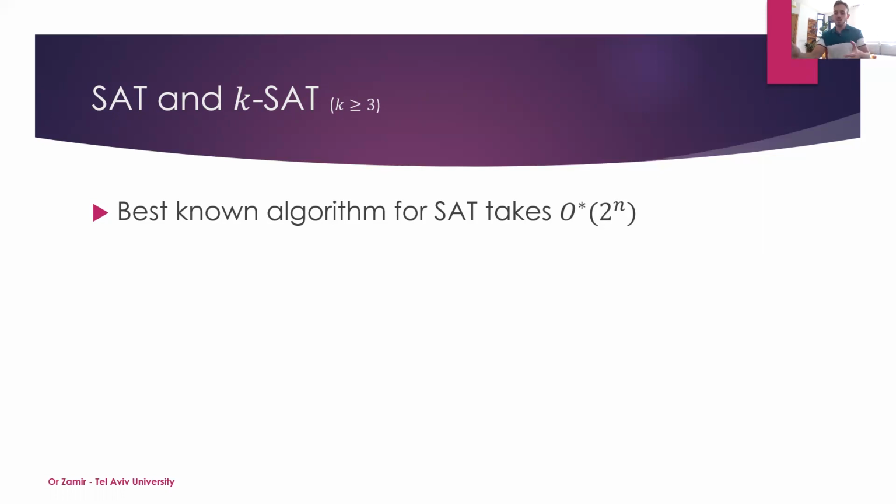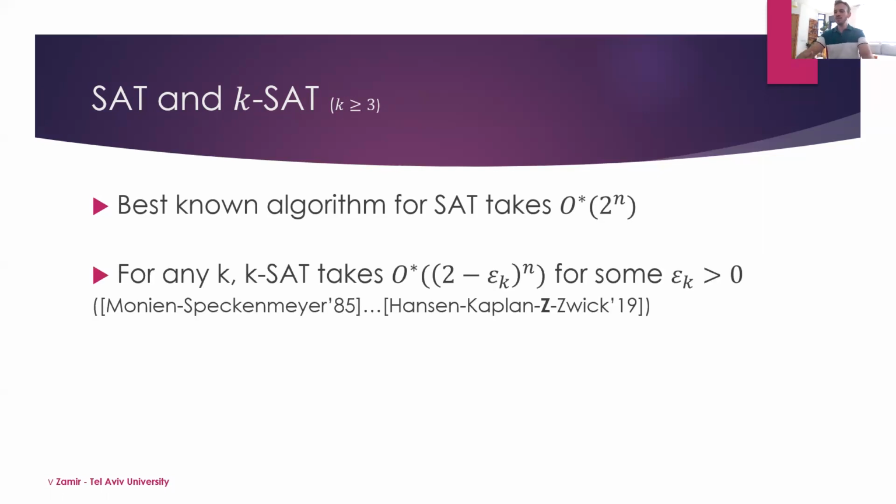This is what I mentioned before, what's called the strong exponential time hypothesis. Nevertheless, for the more restricted versions, you can do better. For every constant k, you can solve k-SAT exponentially faster than the naive 2 to the n.